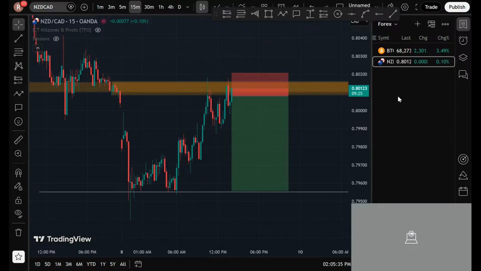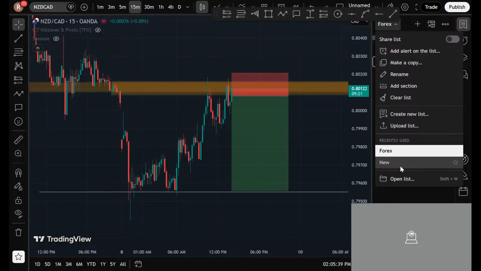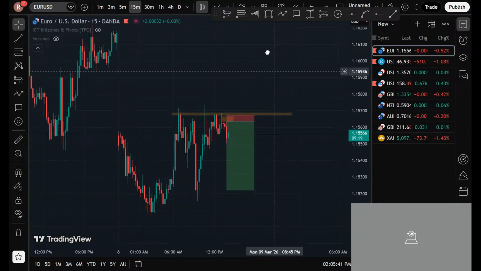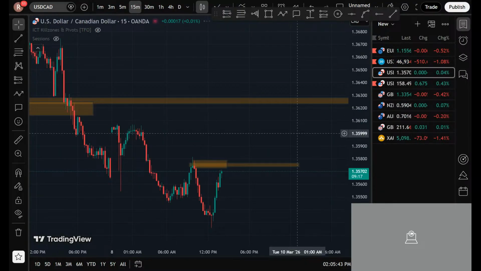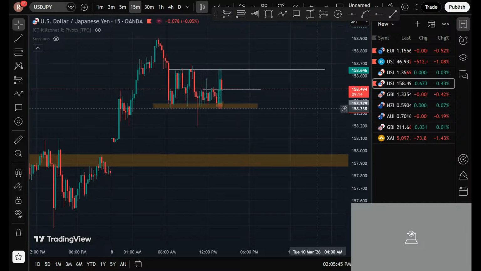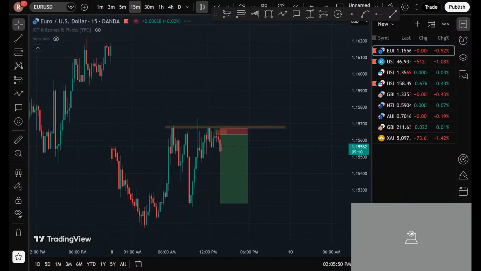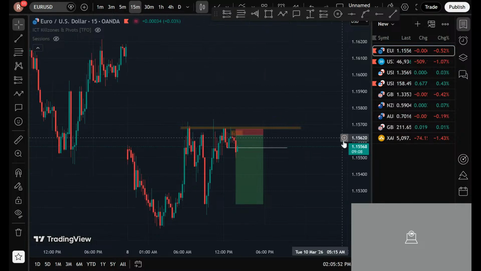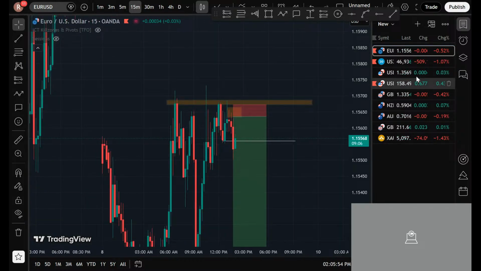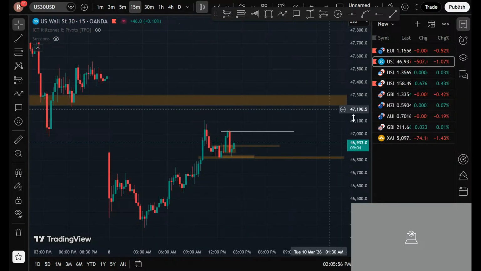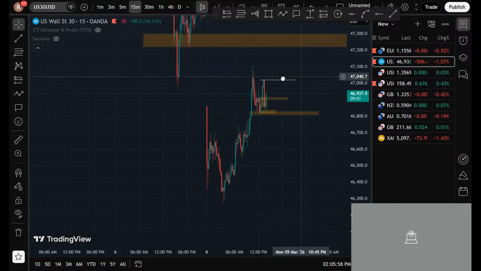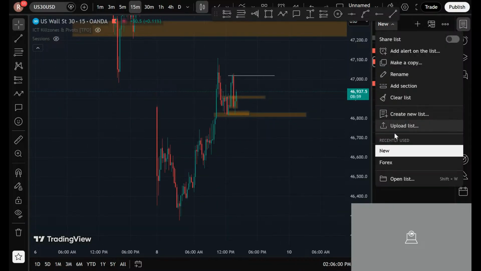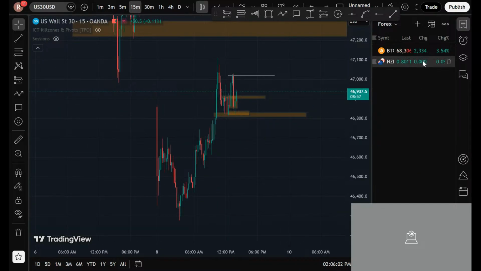Low quality trade decision just because I missed the opportunity over this pair and over this pair. So guys, it's fine, it's fine. And this is also a good trade actually.